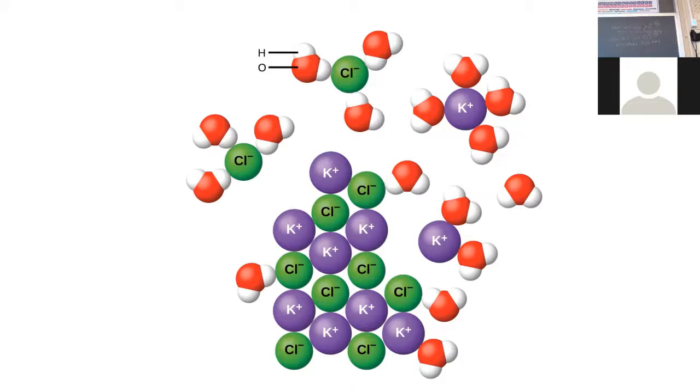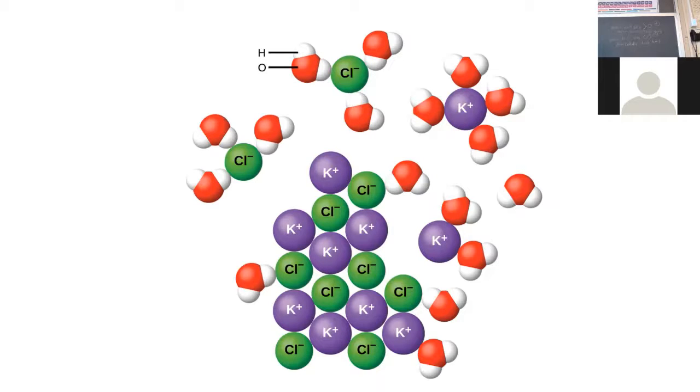All right, so we were looking at solvation, which means dissolving stuff. And so when we have a solute and solvent molecules, in this case water, we surround the ions.